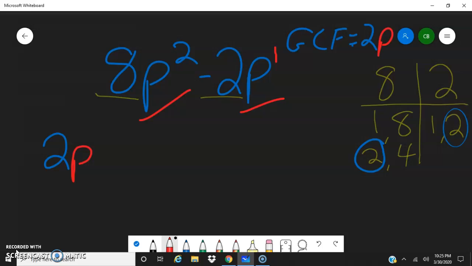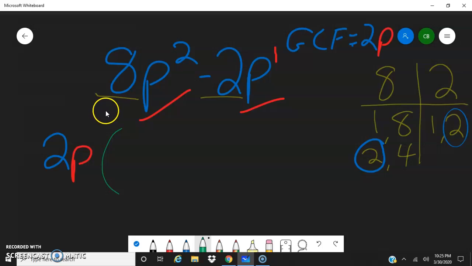Now what we need to do is figure out what is left. Very similar to how we multiplied, the opposite of multiplication is division. So now we're going to divide. I'll use my mouse so y'all can see.